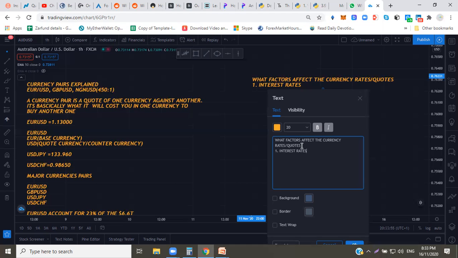The next thing, number two, is economic data. Economic data has to do with data releases. For example, in the US, every month they release the employment and unemployment numbers.